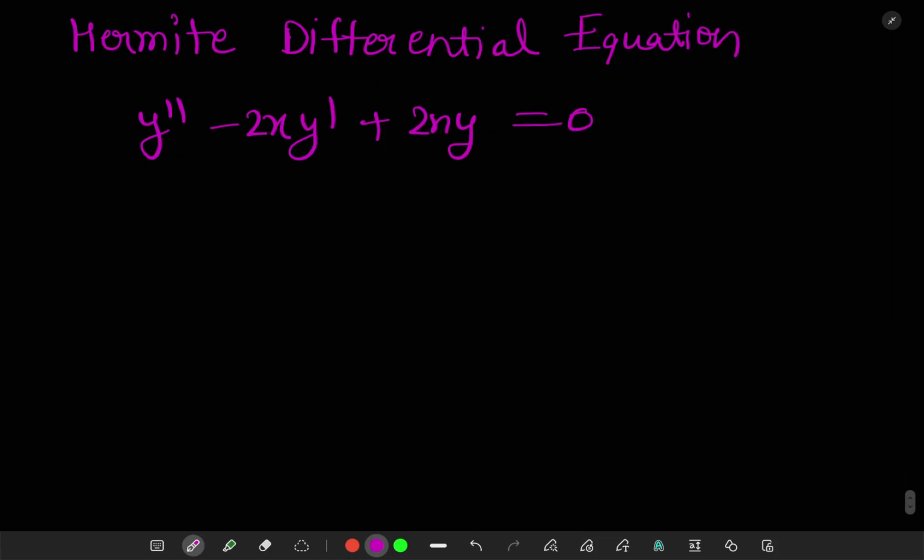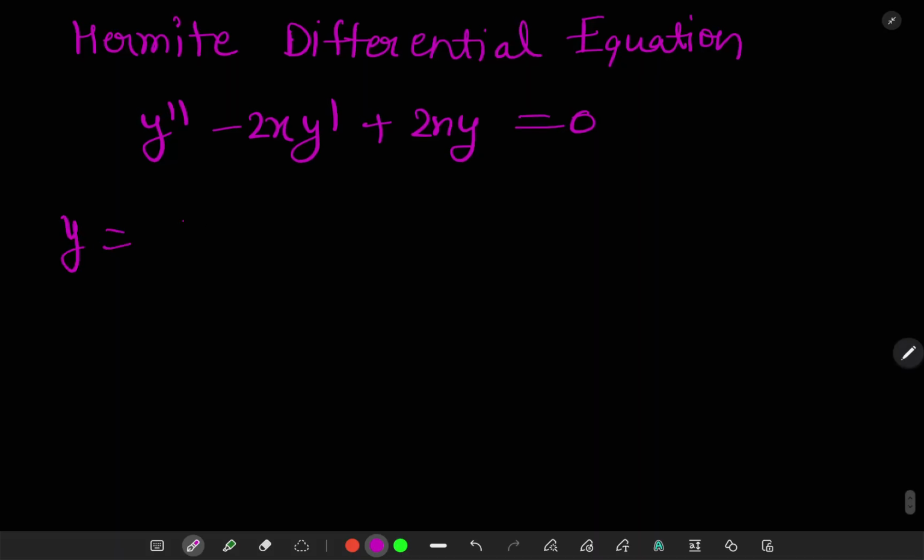Using the Rodrigues method, we find the complete solution.